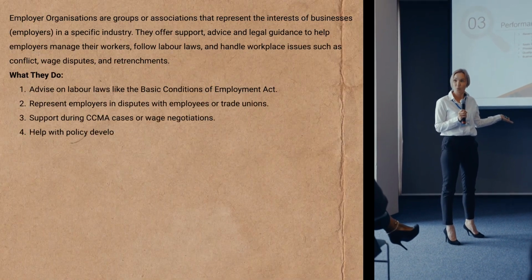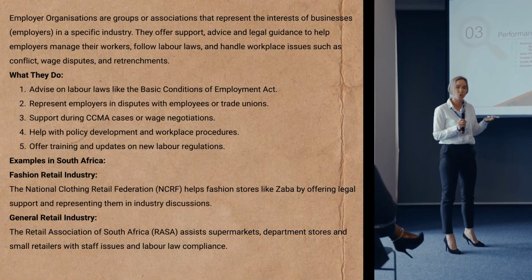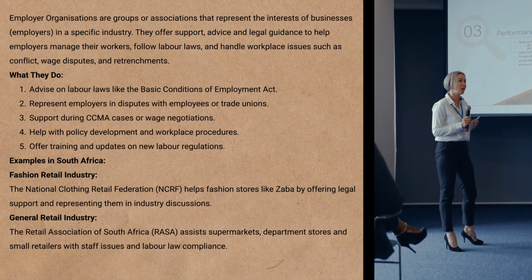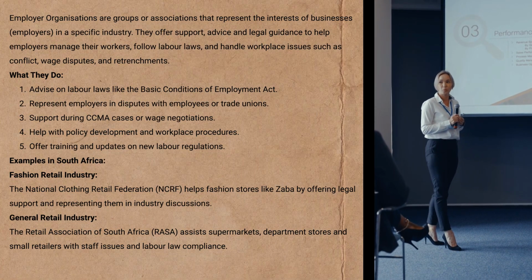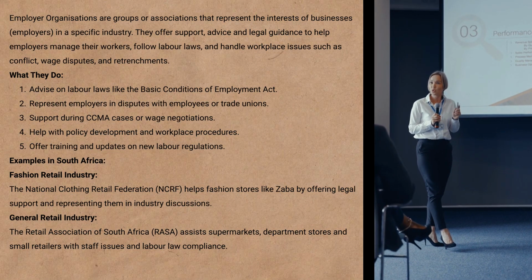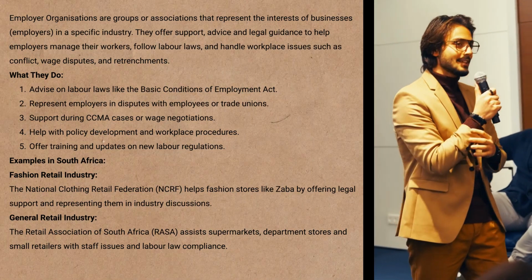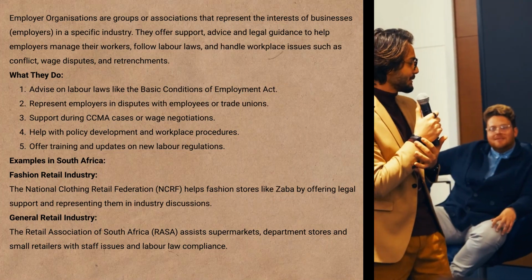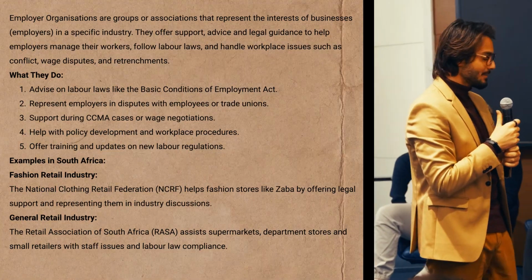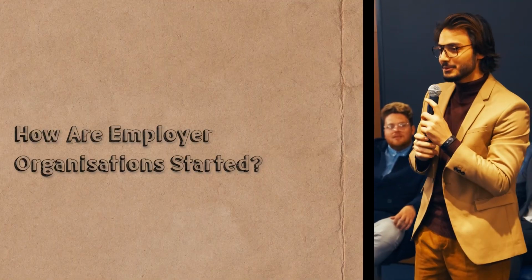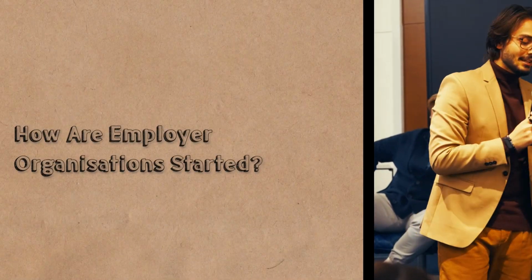What are employer organizations? Think of employer organizations as clubs for bosses or business owners. They're groups where companies join forces to look after their common interests, share knowledge, and have a stronger voice when talking about business laws, policies, or issues. How do they get started?